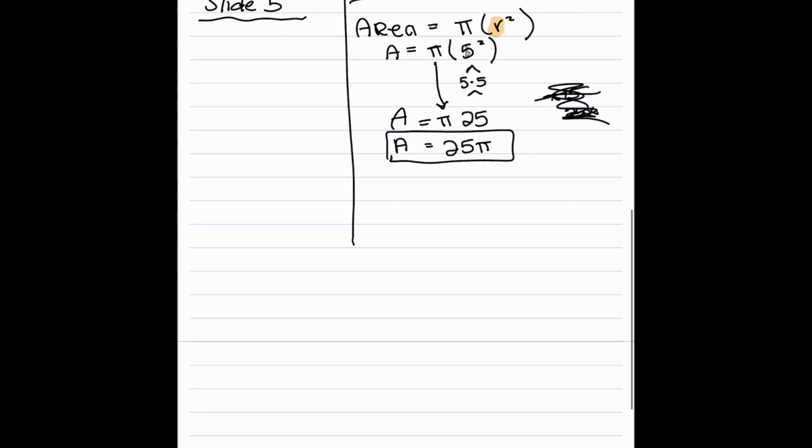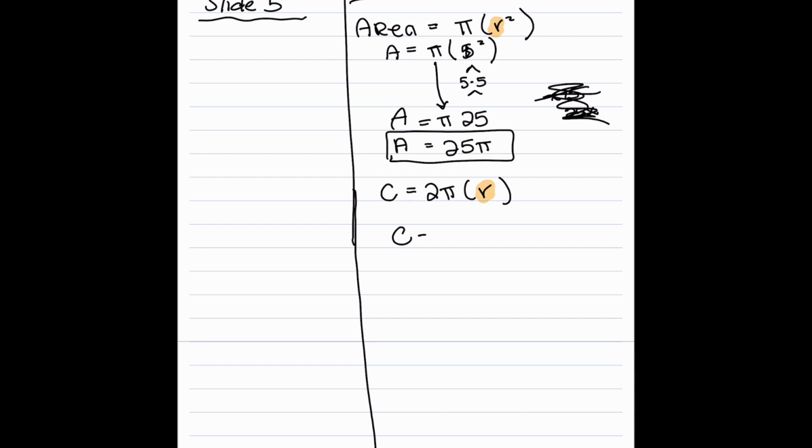Okay, let's do the circumference. So using the circumference formula, I have c equals 2 pi times r. And then go ahead and replace the r with what we said our radius was. So we want to replace it with that 5.